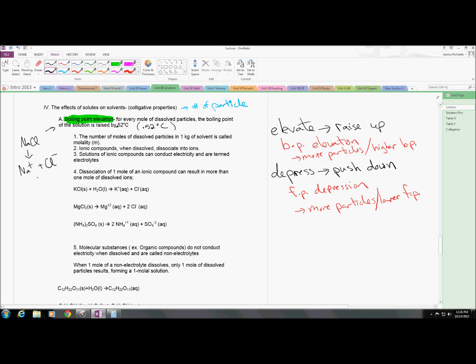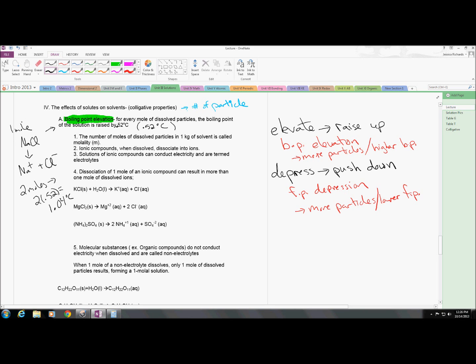We saw that back in Lecture A. So for every 1 mole of sodium chloride we put into water, we get 2 moles of particles, which means we multiply our 0.52 by 2, and we would raise the boiling point of water by 1 degree Celsius.